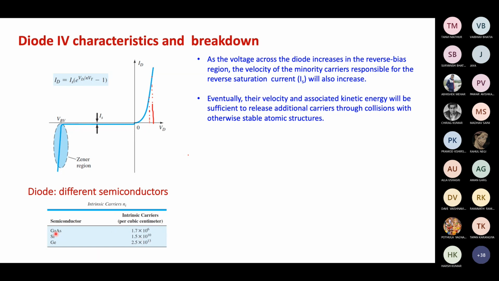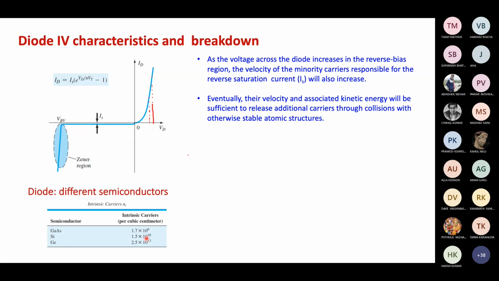For example, the gallium arsenide band gap is more than the silicon band gap, and as a result, the intrinsic carrier concentration is less. In silicon, the intrinsic carrier concentration is around 1.5 into 10 to the power 10.